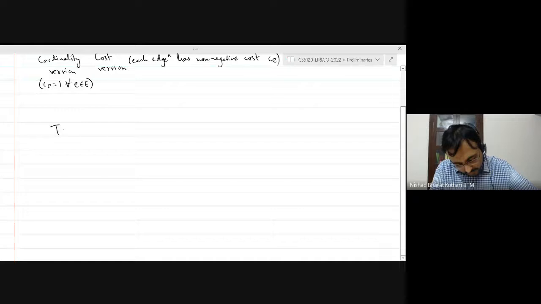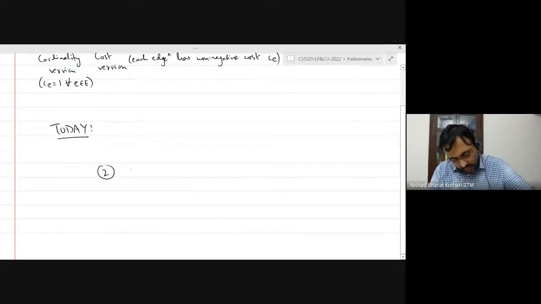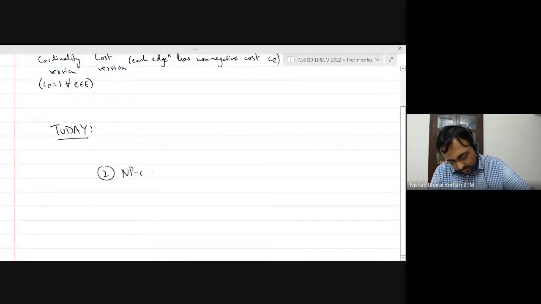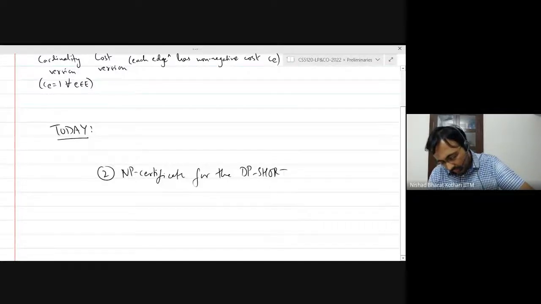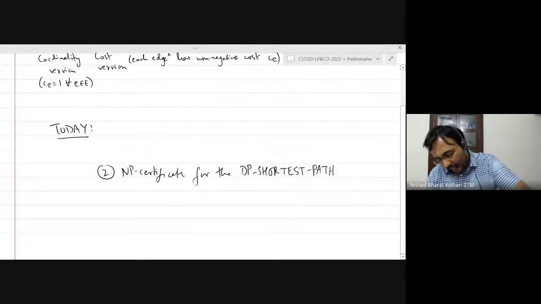So, let's consider if we can find an NP certificate for the decision problem in the cardinality case, right?